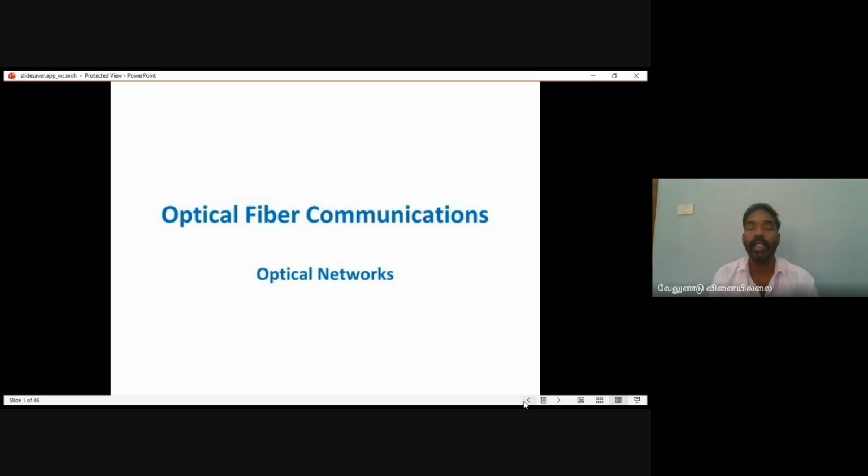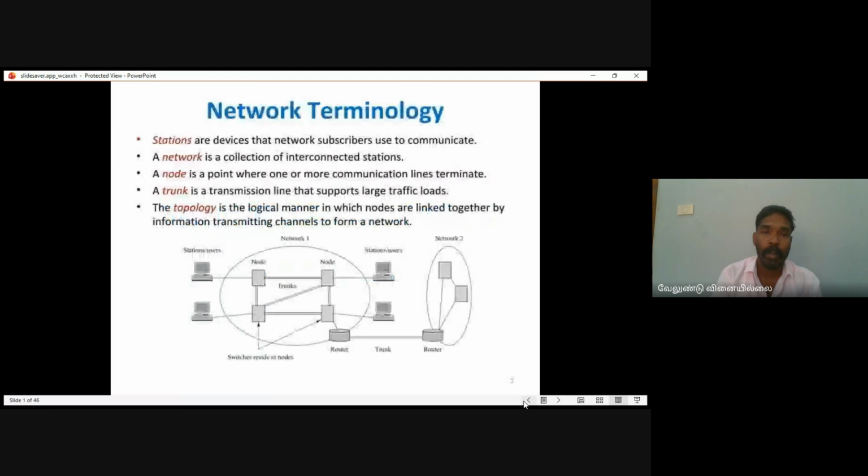In optical fiber networks, what are the network terminologies? Station. Station means the device used by a network subscriber. We are the mobile station; mobile station means we are the users. Stations means users. A network is a collection of interconnected stations.